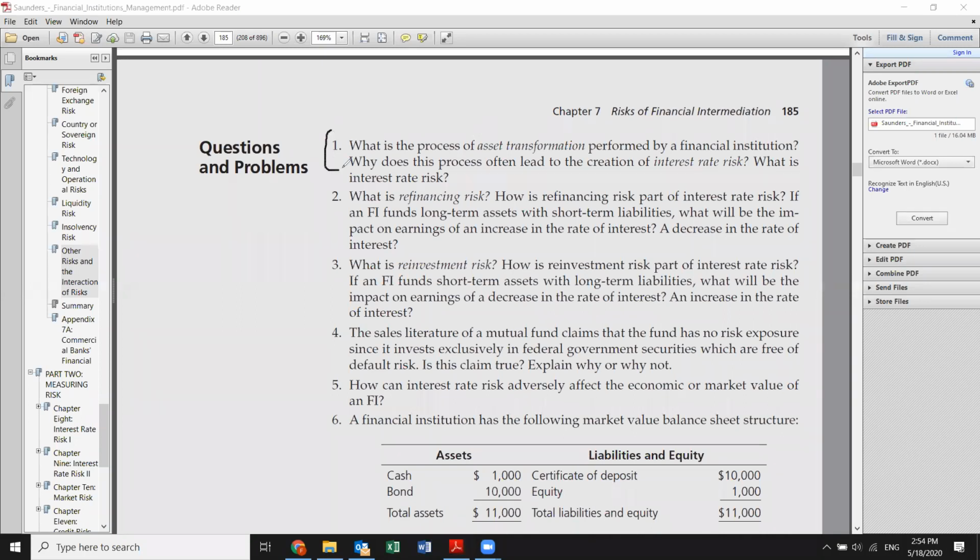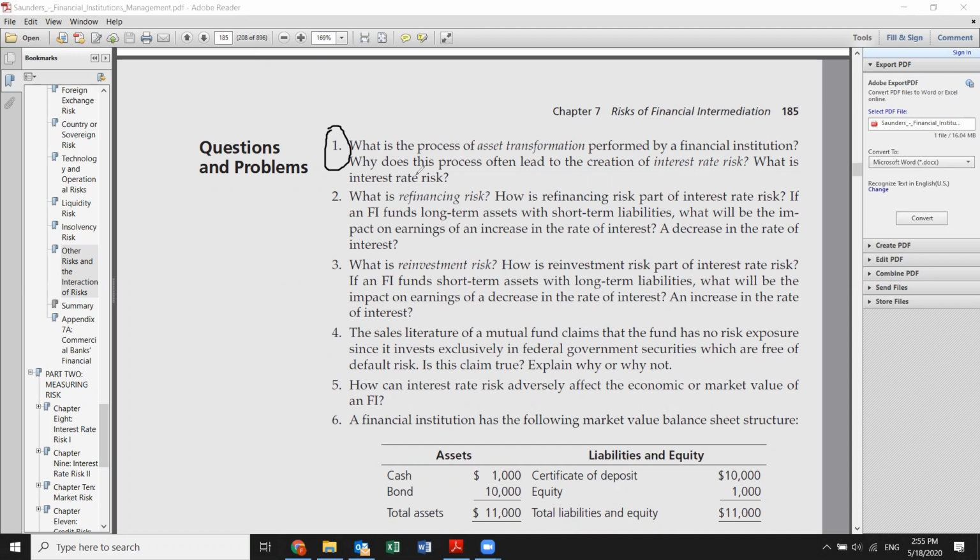Concerning question number 1: What is the process of asset transformation performed by the financial institution, why does this process often lead to the creation of interest rate risk, and what is interest rate risk itself?